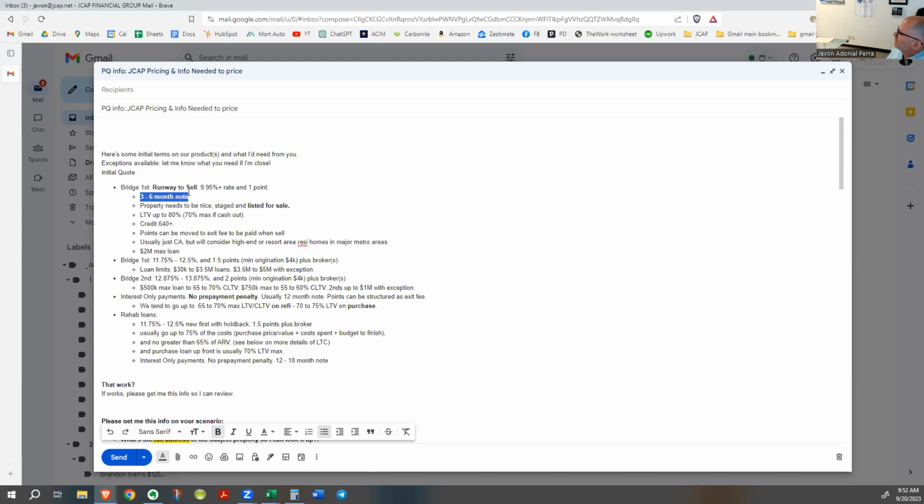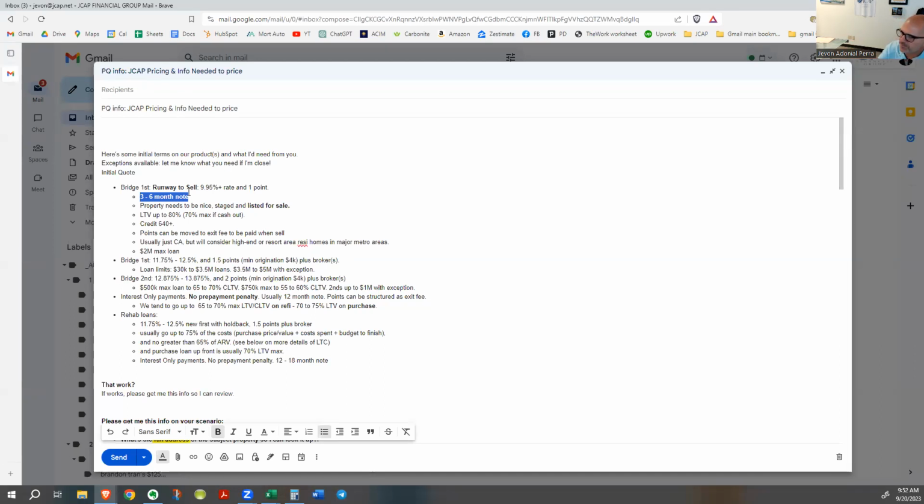At auction, either somebody pays for the property more than our debt, and then we get paid off and the rest goes back to the owner, right? Or sometimes at auction, it doesn't even get enough to pay our debt, and then we take the property back.